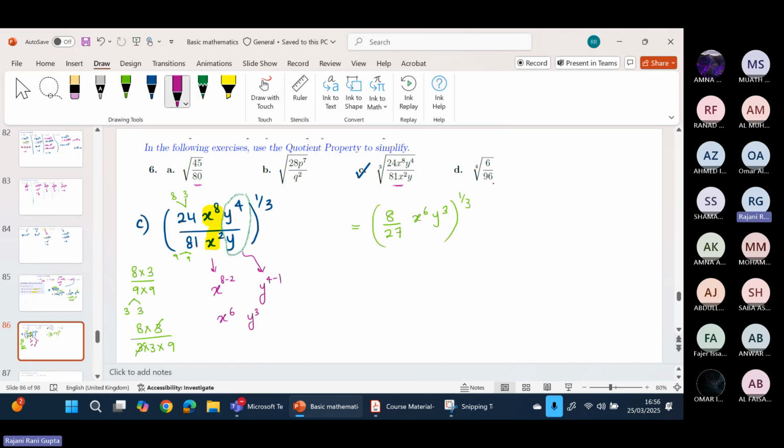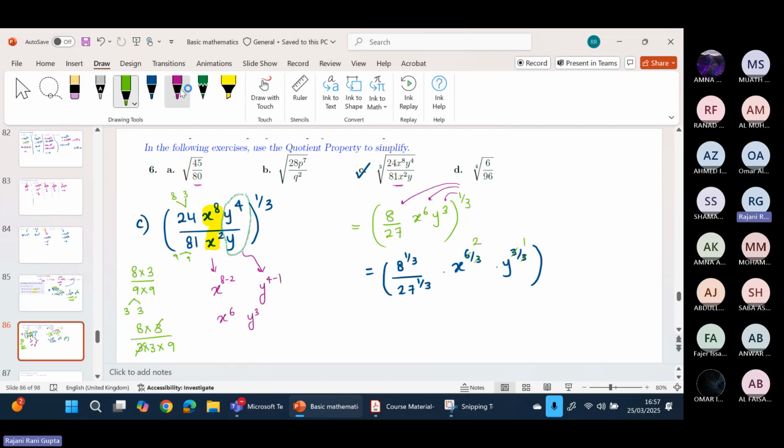And now you take this power to each of the terms. So this gives you 8 power 1 over 3, 27 power 1 over 3, x power 6 over 3, y power 3 over 3. This cancels to 1. This cancels to 2.